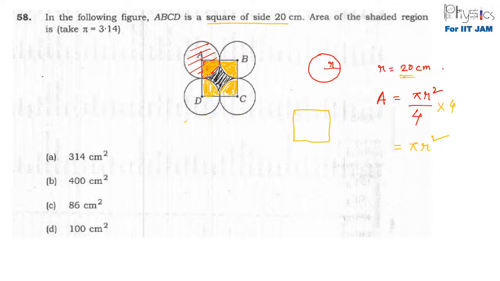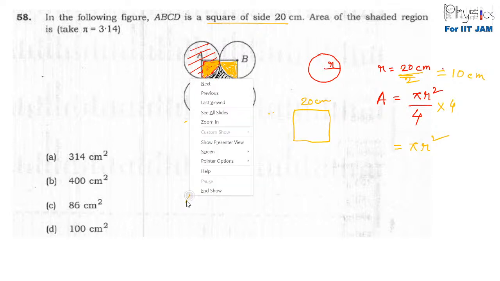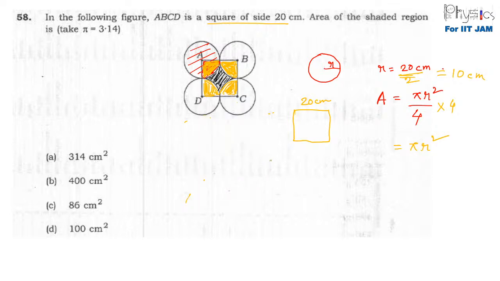Okay, r is 20 by 2, that is 10 centimeter. Okay, r is 10 centimeter and the side of the square is 20 centimeter. So tell me what will be the area of the square. Suppose it is AS. What will be AS? So AS equal to side square, that means 20 square, right?